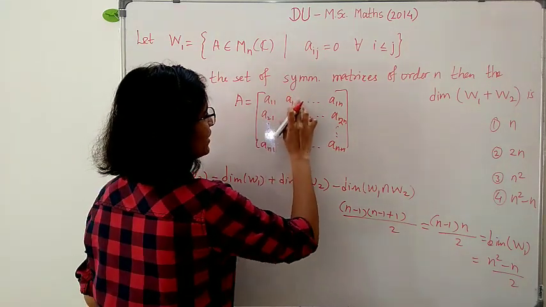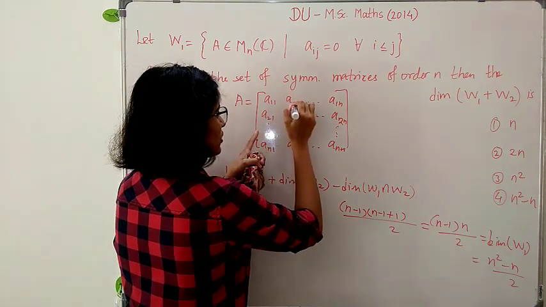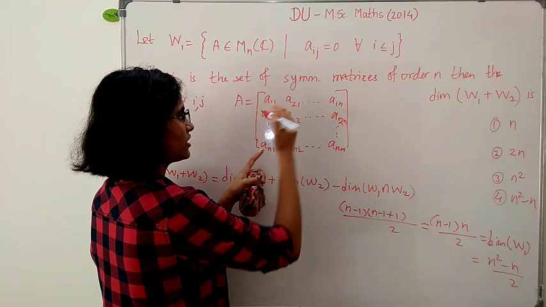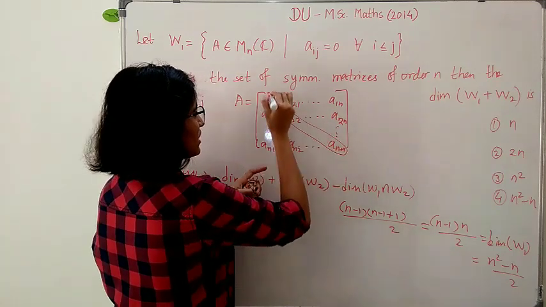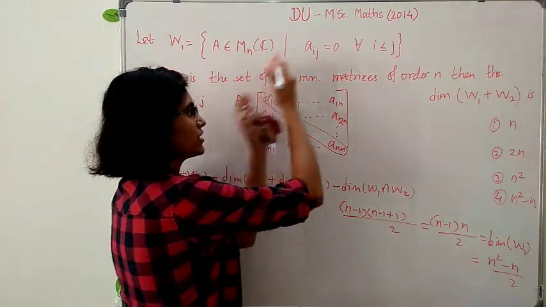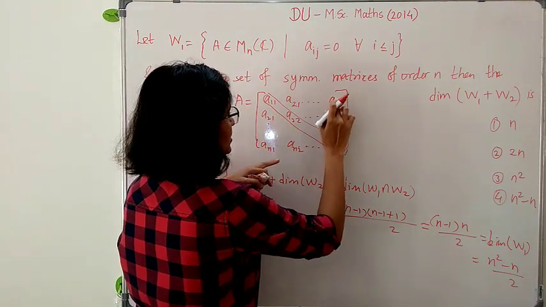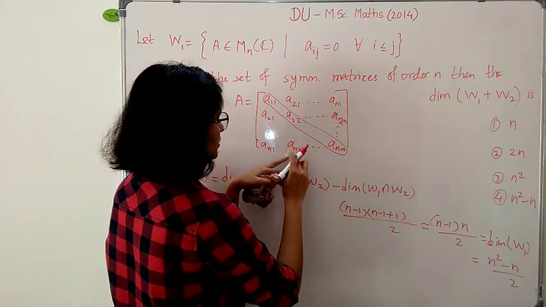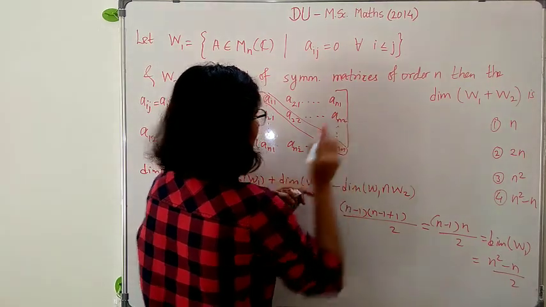So let me just make the change. A21 is the same as A12. Then similarly, you just keep these elements as they are, and whatever the elements are here, we just take the elements here. So this is A21, An1 will be just here, then An2 is here, right?